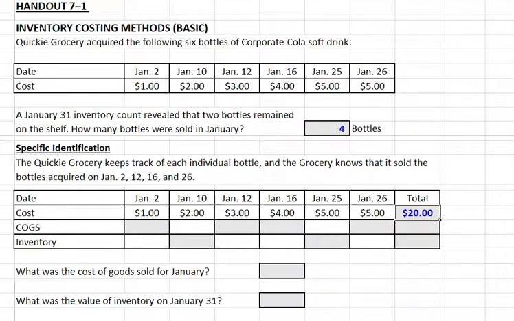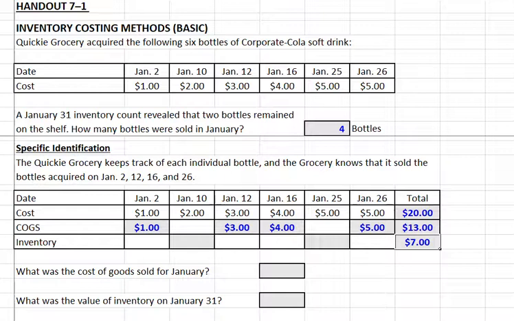So we are assuming we sold the bottles purchased on January 2nd, 12th, 16th, and 26th. So we add up the cost of all those bottles and we get a cost of goods sold of $13. Given that we've spent $20 on inventory or merchandise and we need to allocate that cost between current periods and future periods, if we said the cost of current sales is $13, then the remaining 7 will be assigned to ending inventory and matched with future revenues.